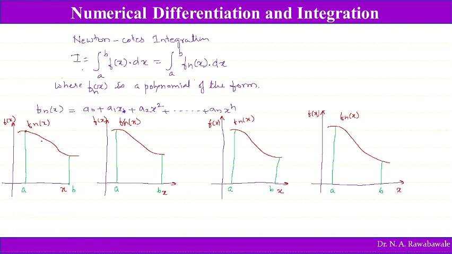So from this point to this point we assume that this is the curve. We want to find out the area below this curve. Instead of that we consider only a straight line between two points. This is the straight line which we call a first order polynomial. First order polynomial is a straight line, and we want to find out the area below this straight line.